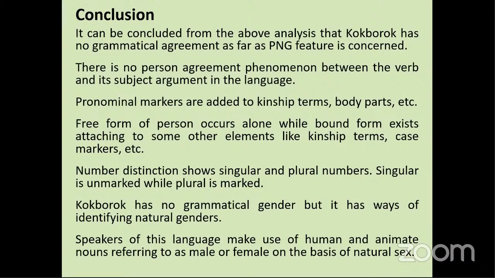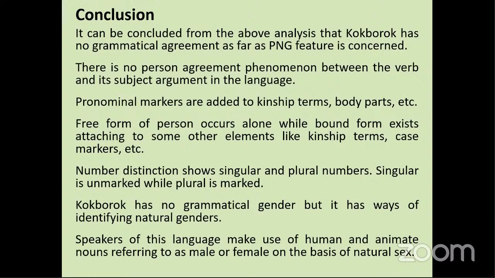Then the pronominal markers are added to kinship terms, body parts, etc. And also two forms of persons, free forms and bound forms. Free forms occur alone and bound forms occur with kinship terms and case markers. And number distinctions as discussed in two ways, singular and plural. Singular is unmarked and plural is marked with morphemes like rock and song, etc.